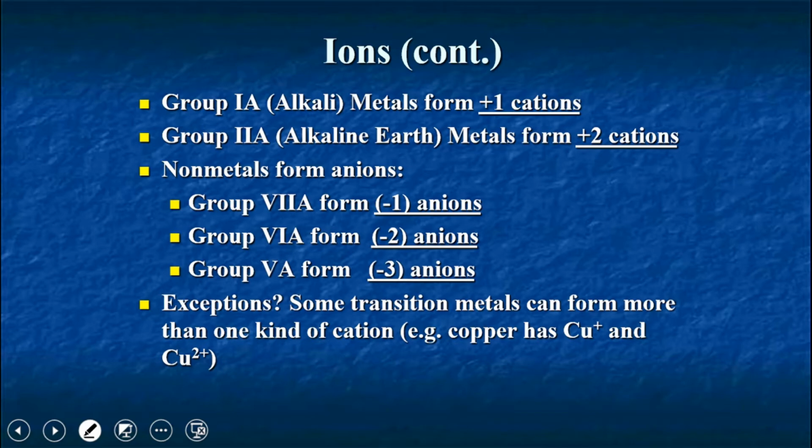Notice that this is for those elements in those groups that are nonmetals. The exceptions, the transition metals, even though they do form cations, do not fall into this kind of pattern. So we are going to have to deal with those individually.